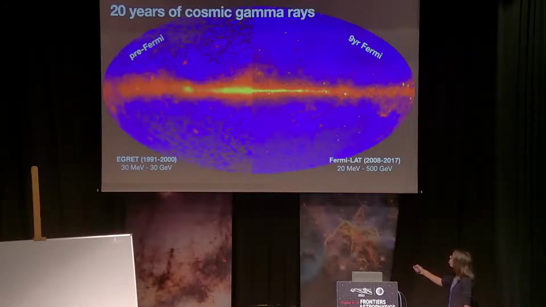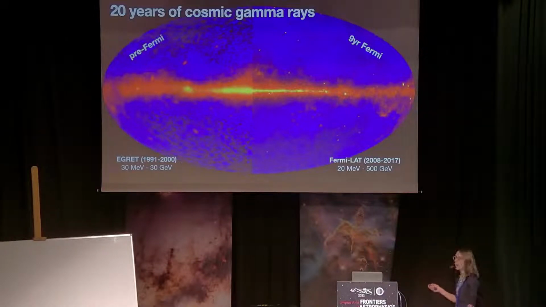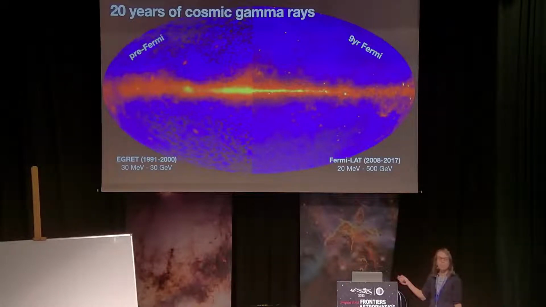But what I want you to focus on here is the left part of this image, and on the right part is a comparison between the EGRET satellite image and the 9 years of observation of the LAT. Those are only the counts, so they are directly the photon events that are classified as such by the telescope. It's not the flux, it's really just counting the number of photons that hit the detectors.